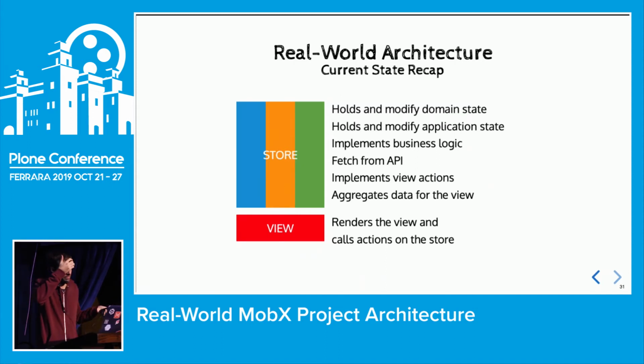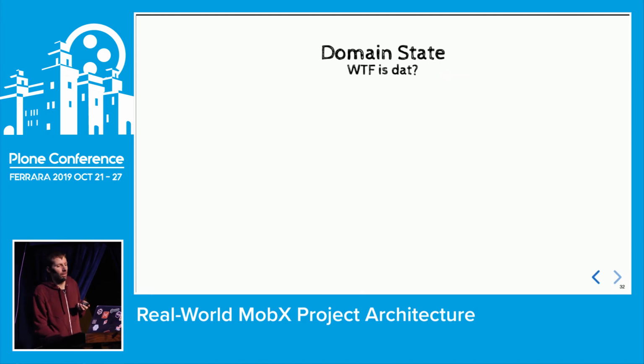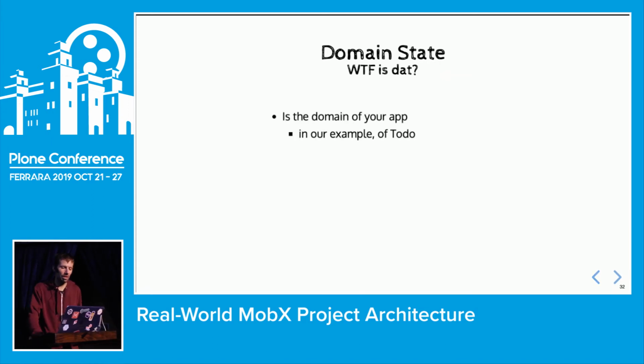Well, that's definitely better than before, but the problem is that here we have too many things. Can we split that block into something smaller? Well, first, we need to acknowledge that every application has a domain state. And the domain state of your application is usually the domain of your application. We were speaking before about a to-do application, so the domain of your application is a to-do.